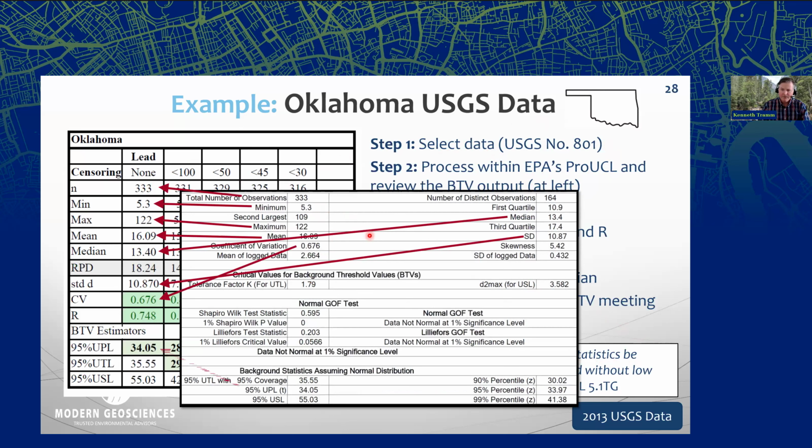Now, it certainly is worthwhile looking at any data set to say, hey, this is log normal, this is non-parametric, and Pro-UCL can do those things too. What I'm doing in this process is making a conservative approach that would have increased likelihood of regulator acceptance. Let's stay more conservative than the EPA has put forward for our purposes.